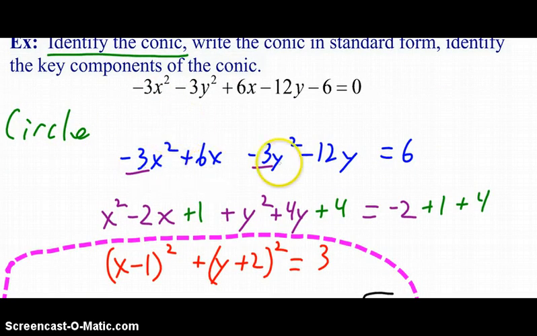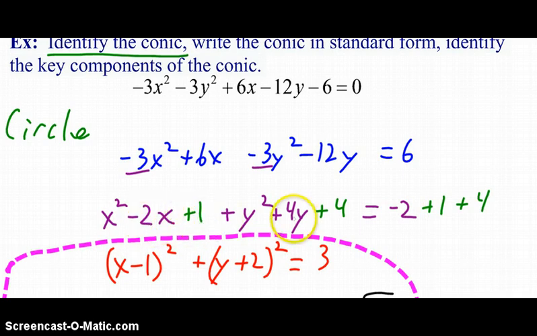So then I grouped the x's, I grouped the y's, I brought the constant over to the other side. Because the leading coefficient on x squared and on y squared is negative 3, I can divide the entire equation by a negative 3. When I do that, I end up with x squared minus 2x plus y squared plus 4y equals negative 2. Now I completed the square with the x's, so half of negative 2 is 1, 1 squared is 1.